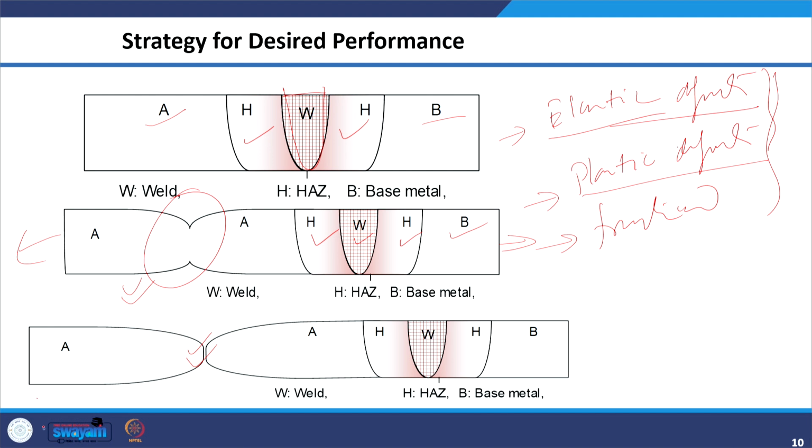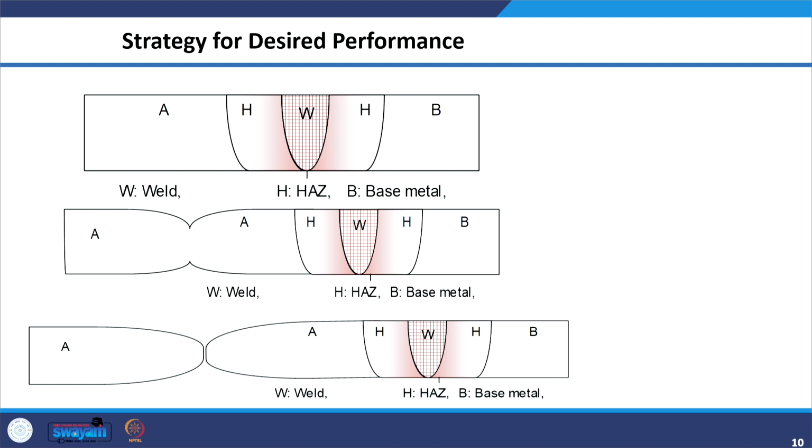So, the fracture location or failure location indicates the area on which we need to give attention for improving the joint performance.